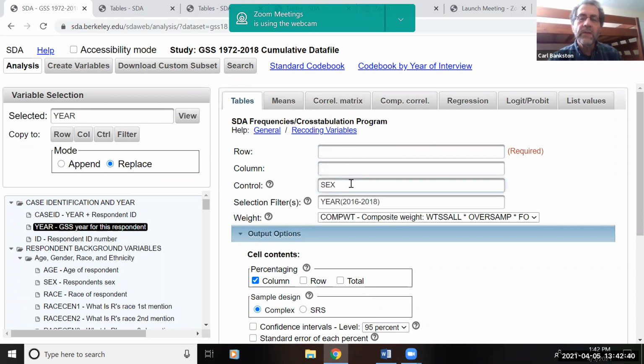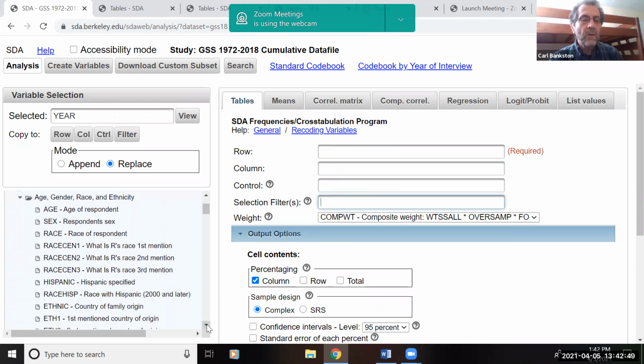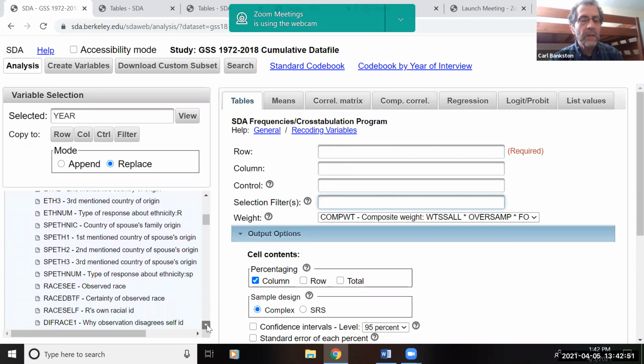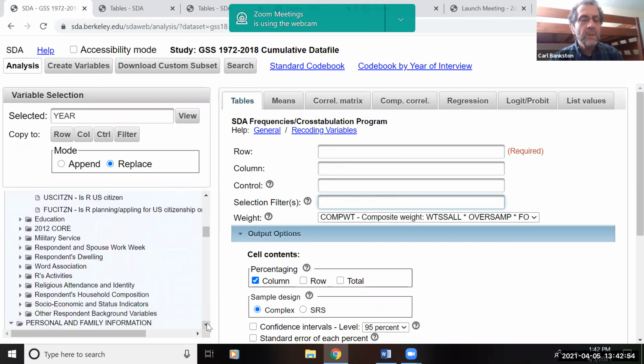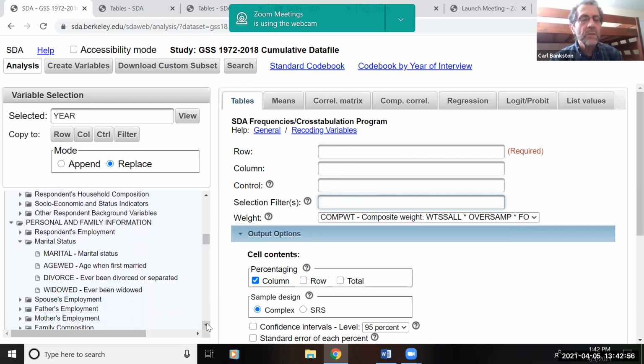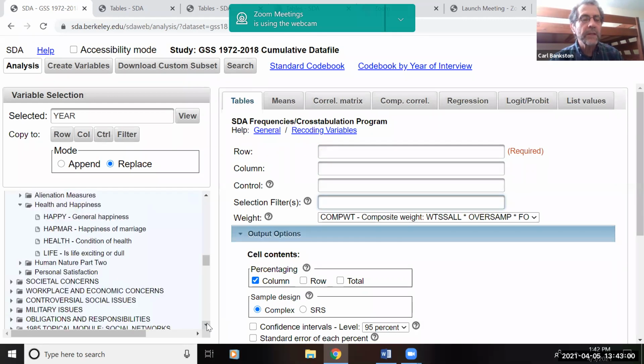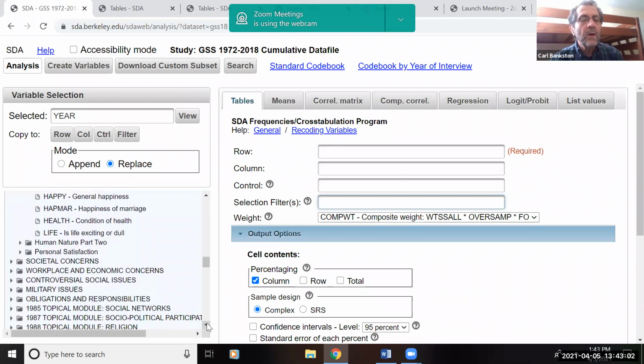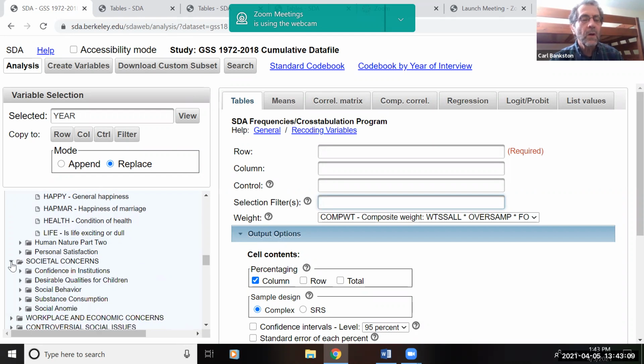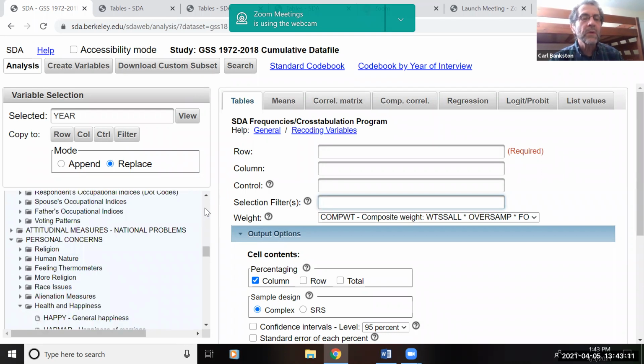I'm going to take all of these out. And we might also be interested in people's political views. And if I remember correctly, we should be able to find those political views.